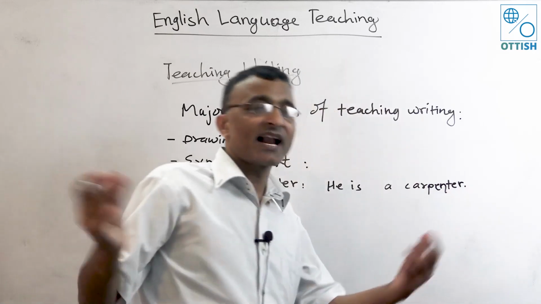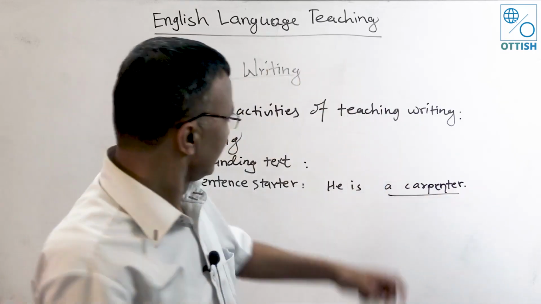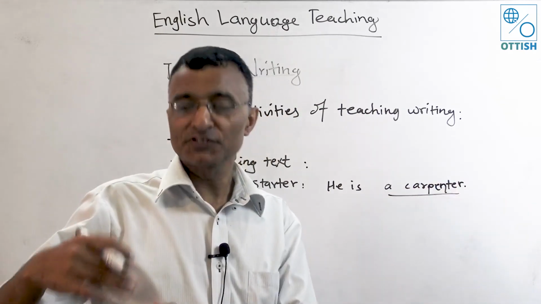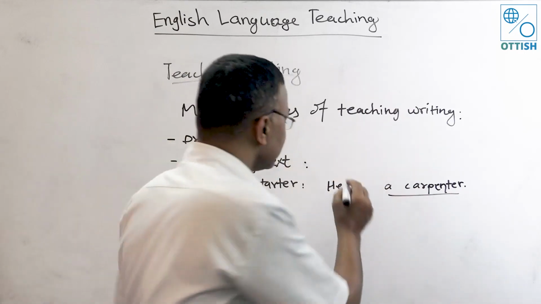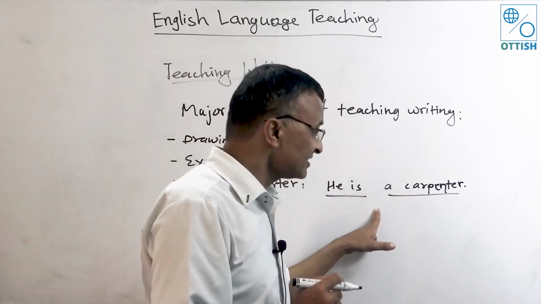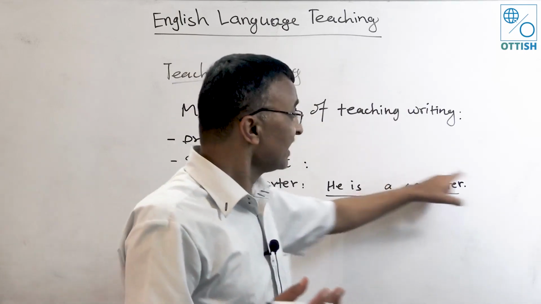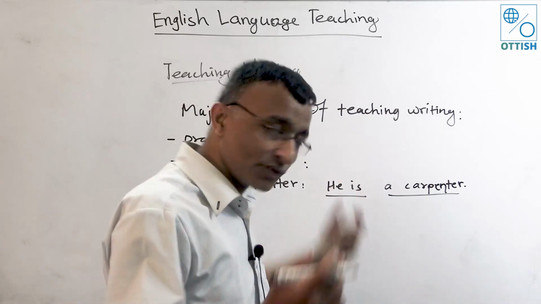The students are asked to complete, and another can complete like this, he is writing a letter. If another student writes this, it is also correct. So like this, it is open. He is a carpenter, if one says, it is correct. And writing a letter, if another completes like this, is also correct.